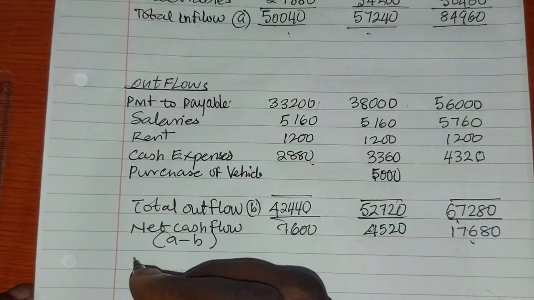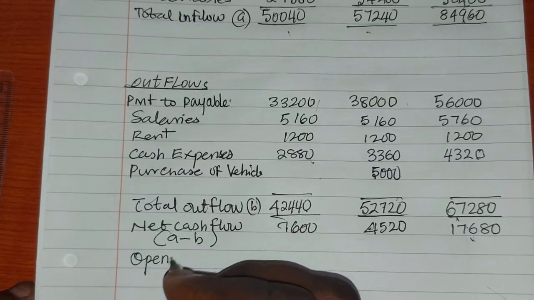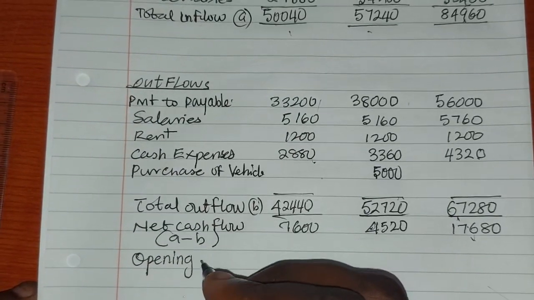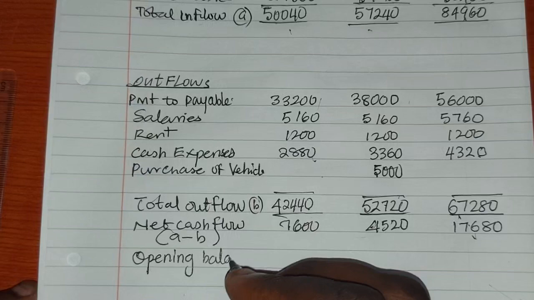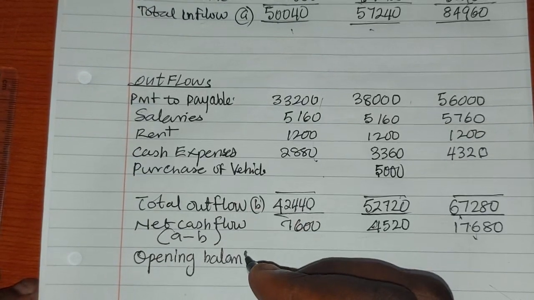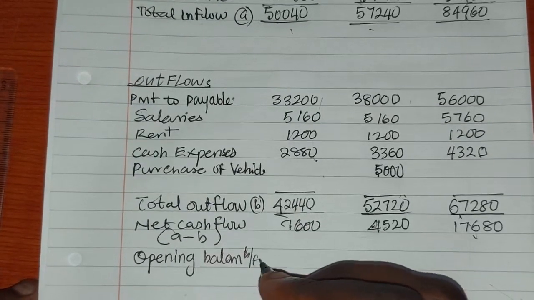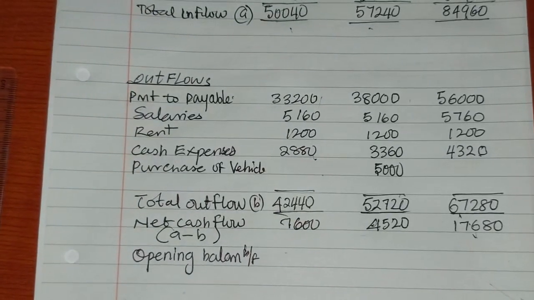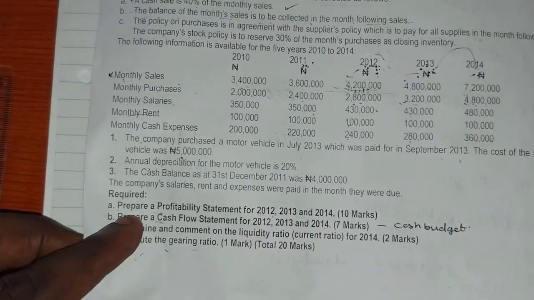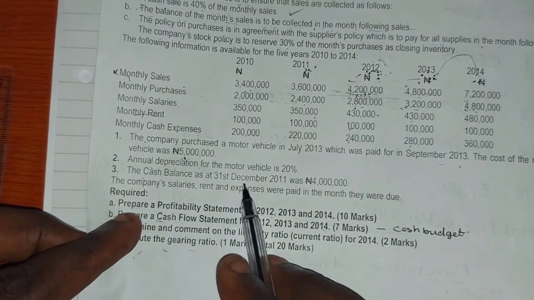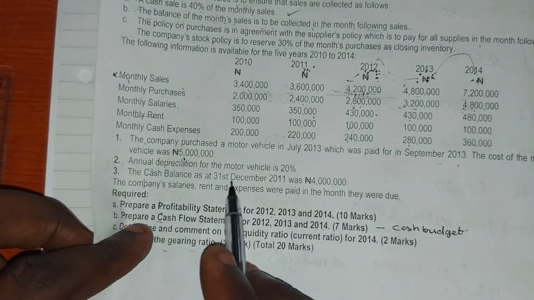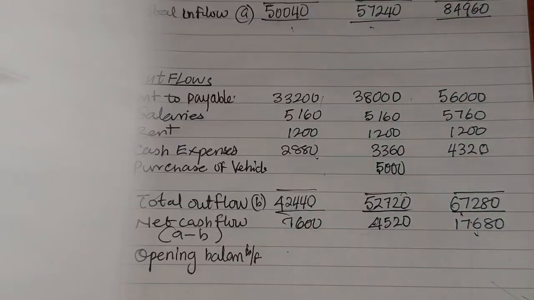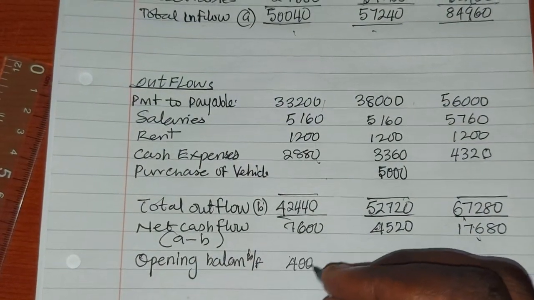Then we have our opening cash balance brought forward, and that is 4 million. So our cash balance as at 31st December 2011, that's the opening balance, which is 4 million.